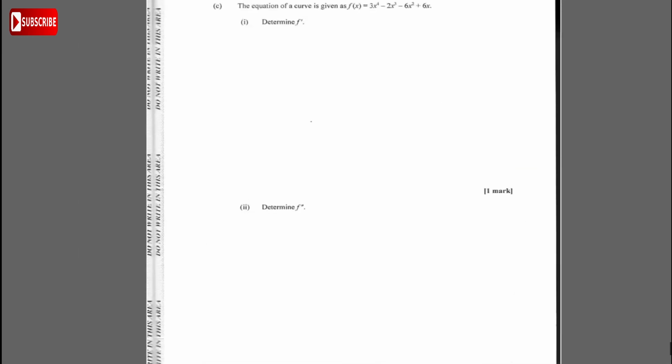All right, so we finish up integration, and now we reach differentiation. It says the equation of a curve, it's a quartic expression. f of x is 3x to the 4 minus 2x cubed minus 6x squared plus 6x. Find f prime of x. Now f prime of x just means that we're finding the first derivative.